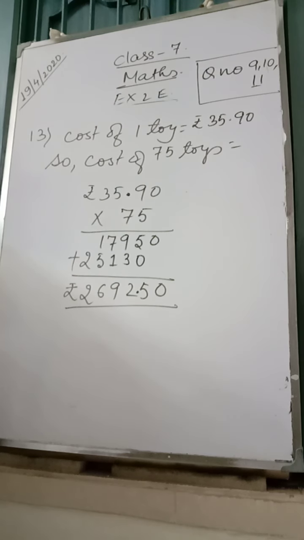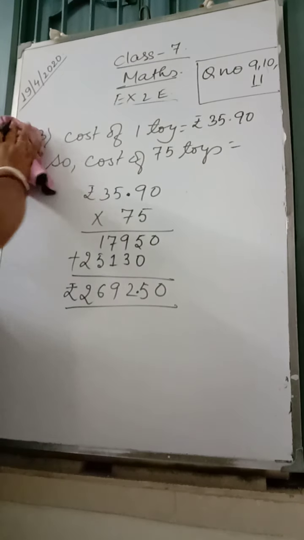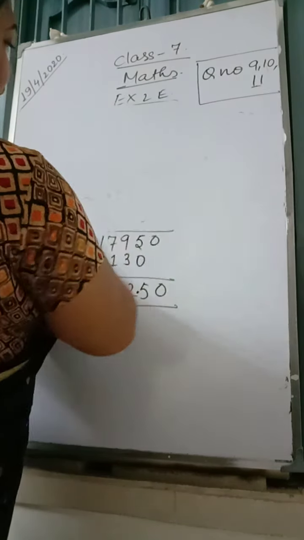Now question number 14. The weight of 6 footballs is 3 kg 504 grams. Find the weight of 1 football and the weight of 15 footballs. To get the weight of 1 football, we have to divide, and to get the weight of 15 footballs, we have to multiply.